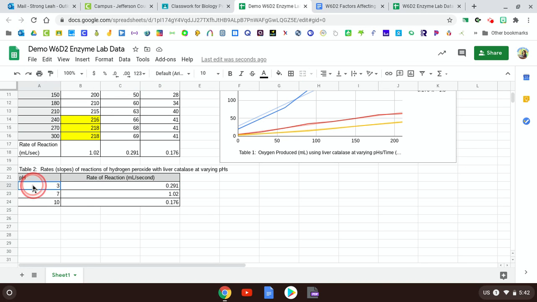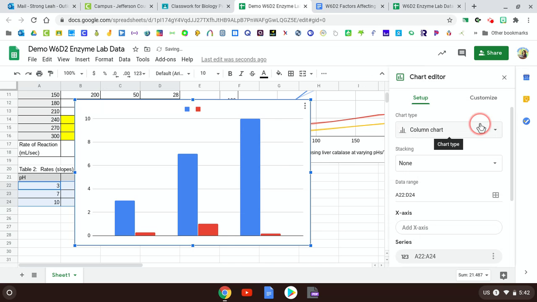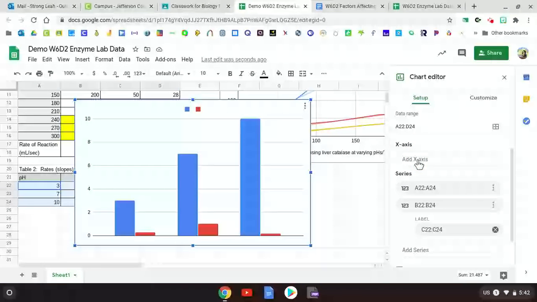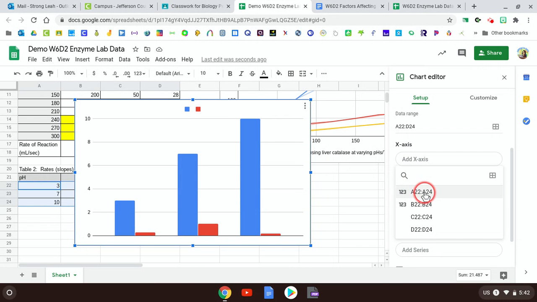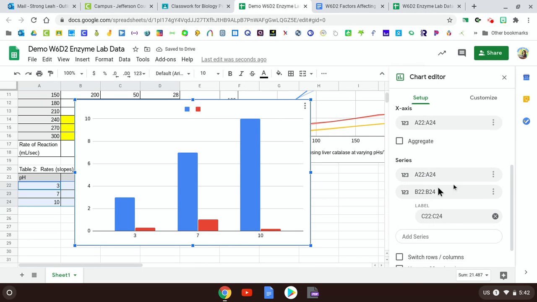So, grab your data, go up to Insert, Chart. Let's see. Our x-axis is the A, 22 through 24. And our series are just B, right?